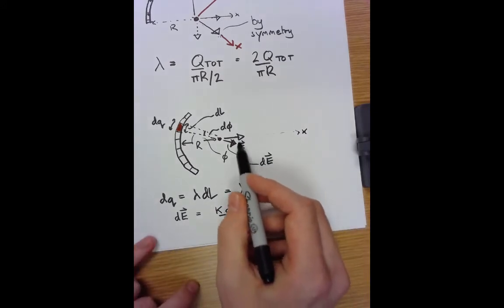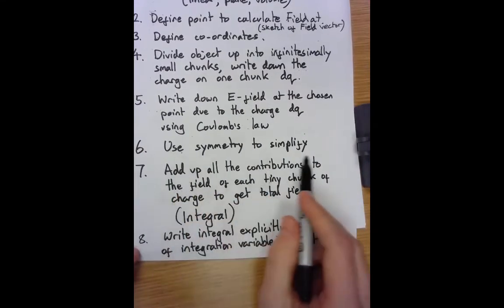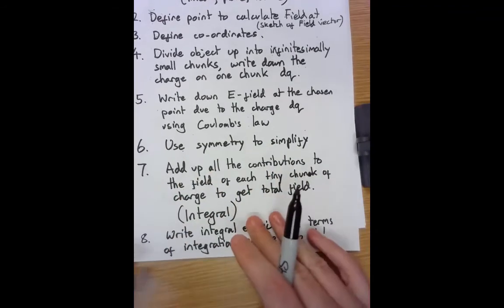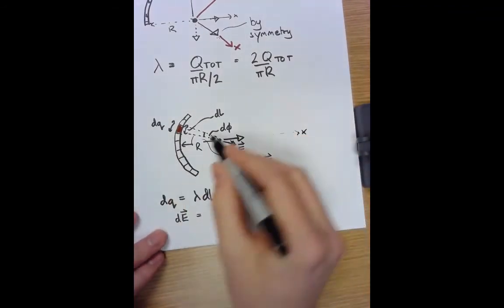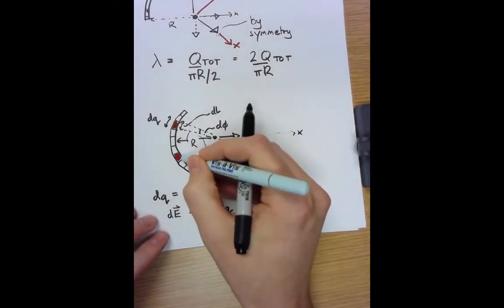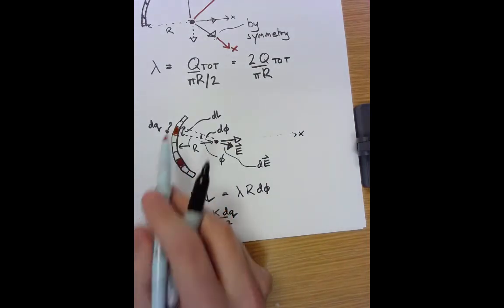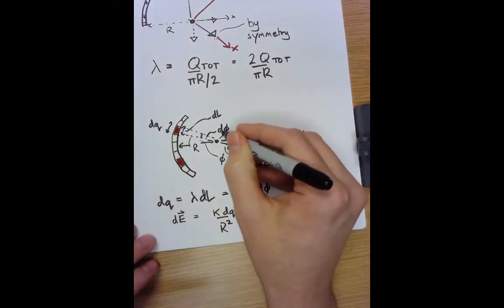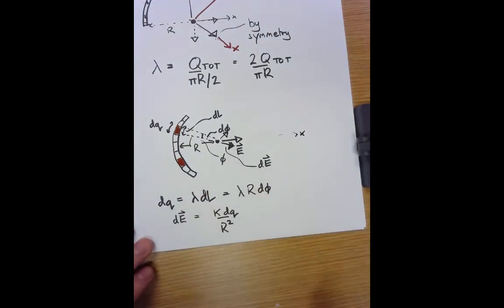We want to calculate the total electric field E, which points to the right, and we want to use symmetry to simplify that calculation. There's always going to be another chunk of charge the same distance below the x-axis as this is above the x-axis, contributing a field with the same x component but opposite y component.